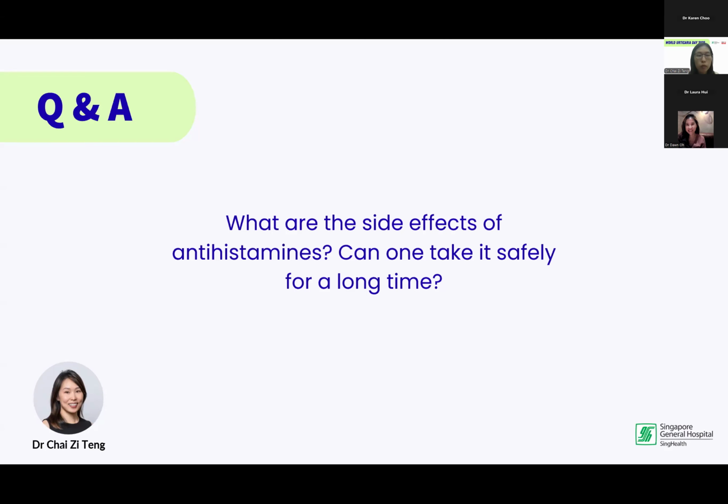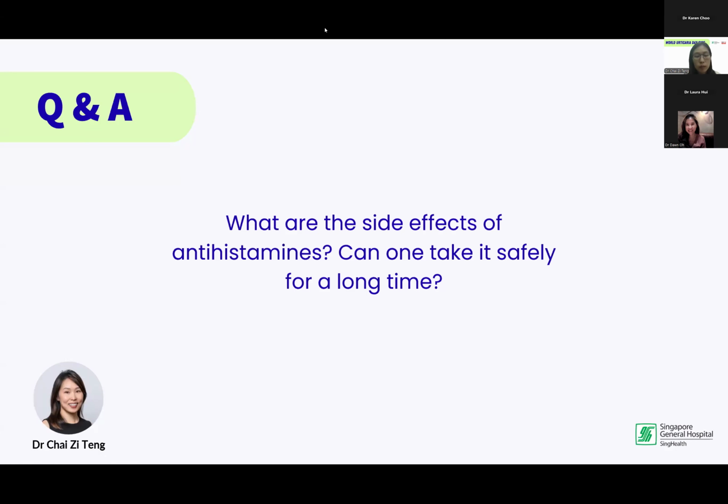But in terms of whether you can develop tolerance, so far there's no strong evidence to say you might develop tolerance or long-term harm. But sometimes you might find that at some point it doesn't work so well for you anymore, and then we can switch to another type of antihistamine.